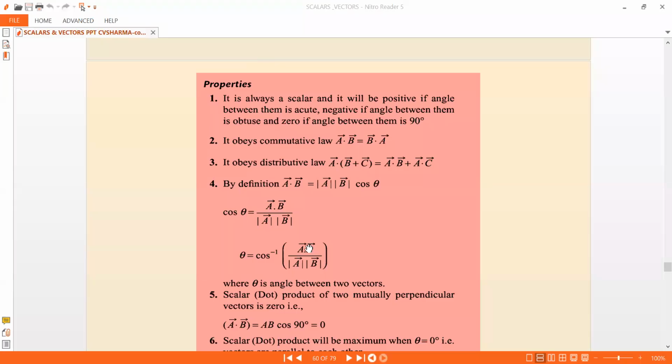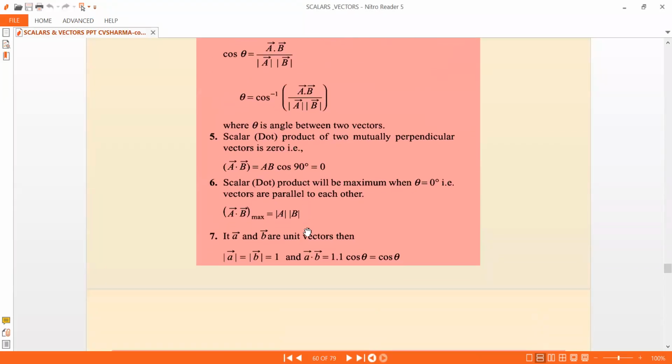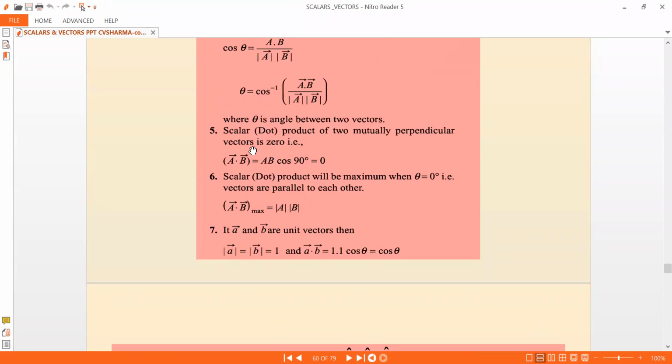Now let's move on to the scalar dot product of two mutually perpendicular vectors. If a bar is perpendicular to b bar, then the dot product a bar dot b bar is mod a bar into mod b bar cos theta. If they are perpendicular, theta is 90 degrees. So this is the substitution we give.